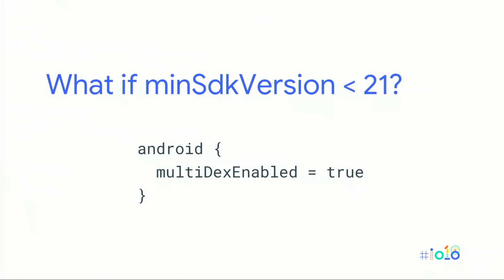What will happen is that the dynamic delivery will fuse all of your dex files into a single one that will be delivered. So it is important to realize that even if none of your modules, including the base module or your feature modules, use multi-dexing itself, because we combine those into a single one, this may actually go over the dex limit, and this may require multi-dexing, okay?